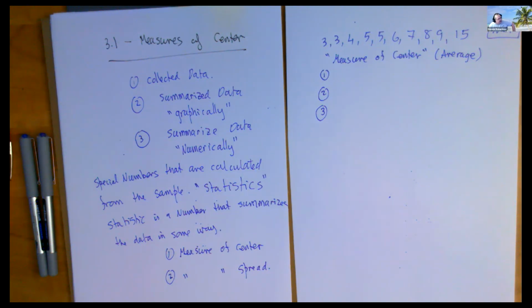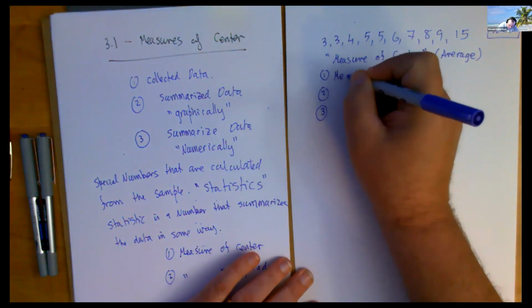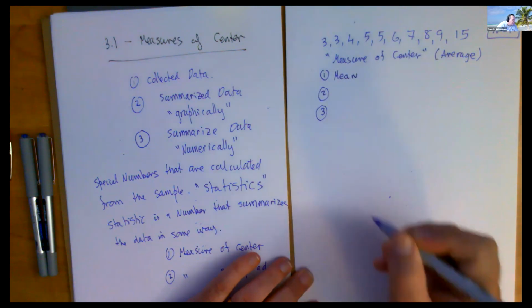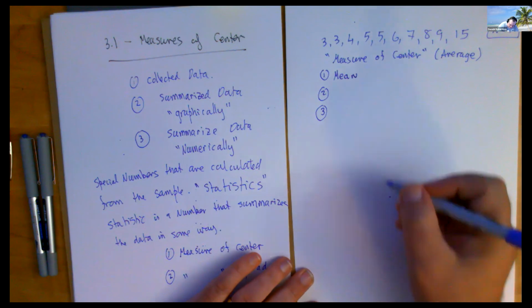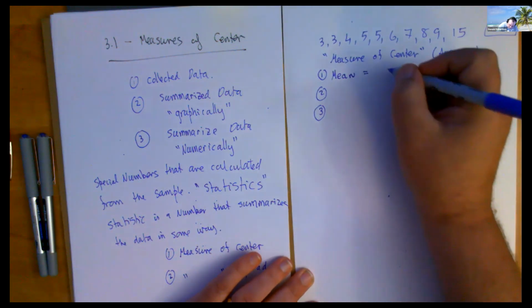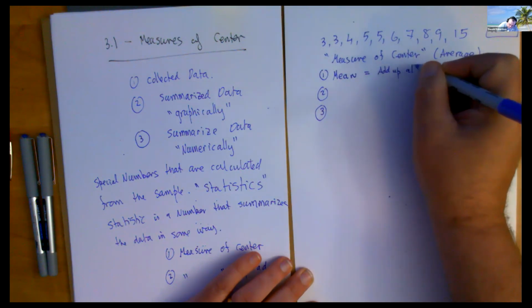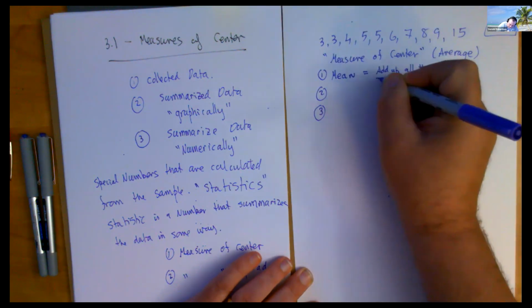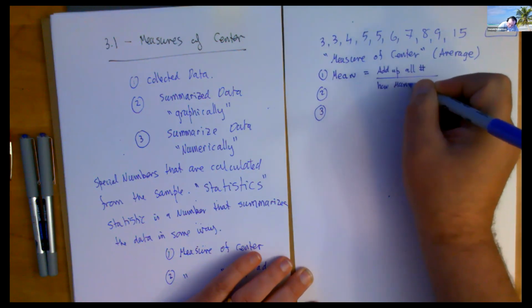I said there's 3 kinds, because when you say average, very often you don't really mean that. It's a bad usage of the word. What you probably mean is the word mean. You remember how you do that from way back in the day? To get the mean, don't you add up all the numbers and then divide by how many numbers there are?